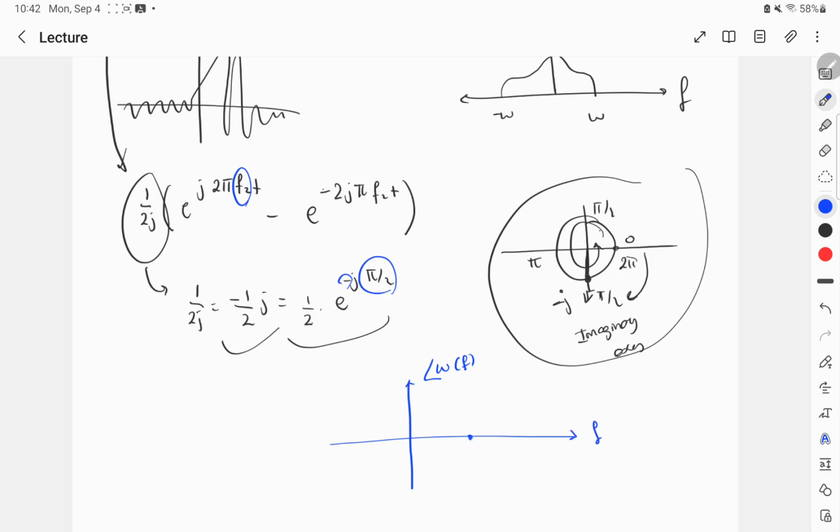For the positive frequency, the phase is minus pi over 2. And similarly, if we do the same calculation, we will see that for the negative frequency, the phase will be positive pi over 2. And this is what differentiates sine wave from cosine wave.